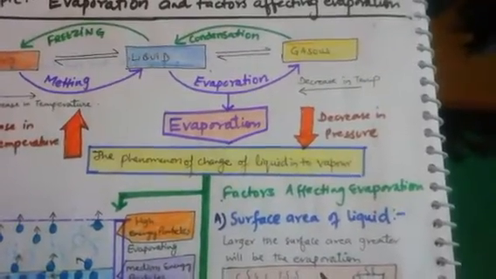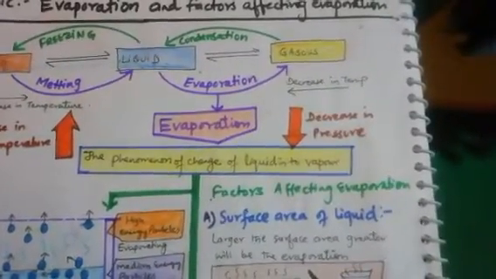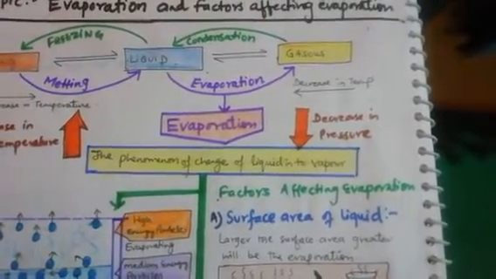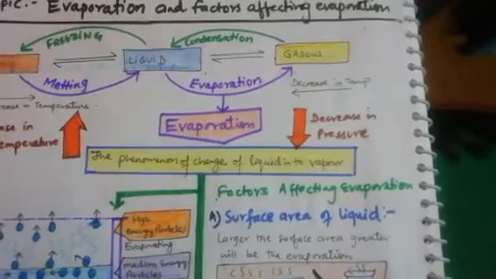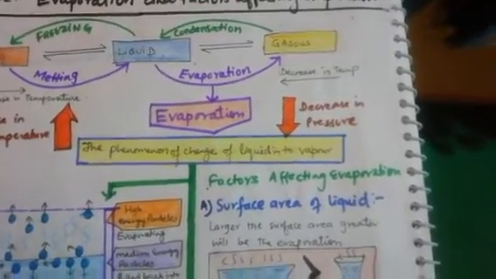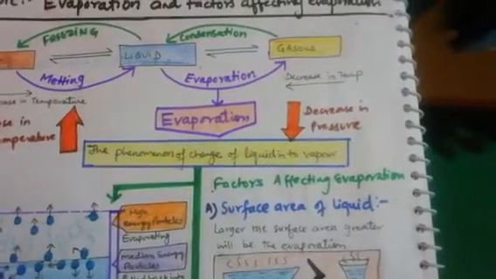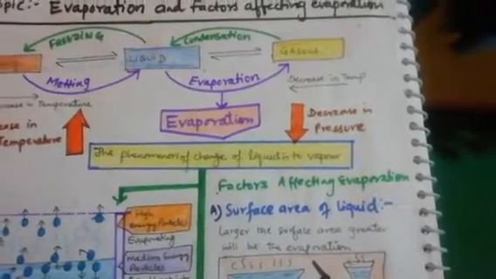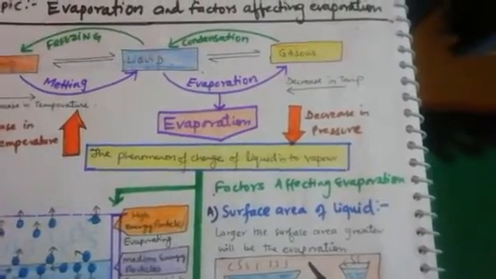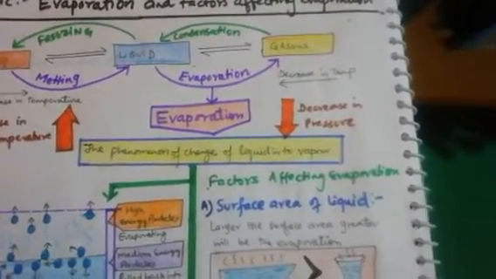What is happening then? Slowly that cold water is becoming hot, and one stage comes when the water starts boiling. Before the boiling, once it starts heating, at that stage you will feel some gases rising up from the surface of the liquid. Those gases are water vapor. That stage is called evaporation.